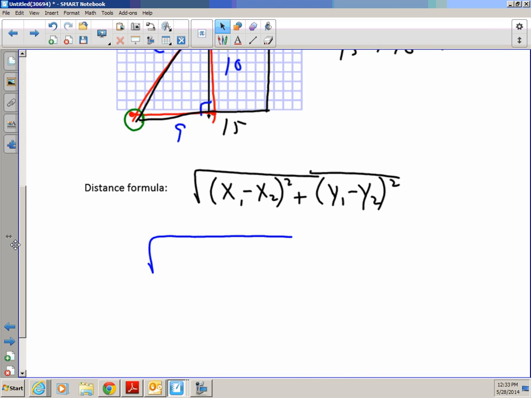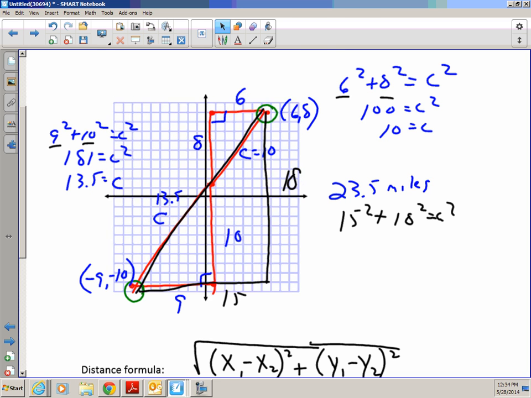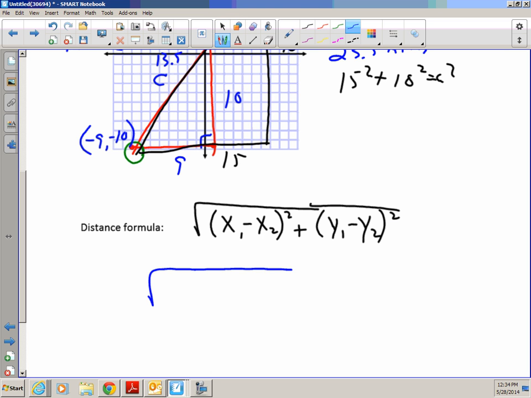let me just go back up here for a moment. You'll see that this coordinate is (6, 8). This coordinate is (-9, -10). So if we were to plug them into our formula, you'll see the math is just like the large diagonal.